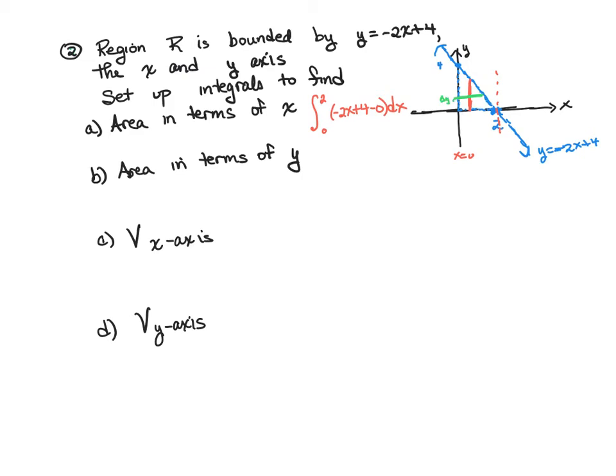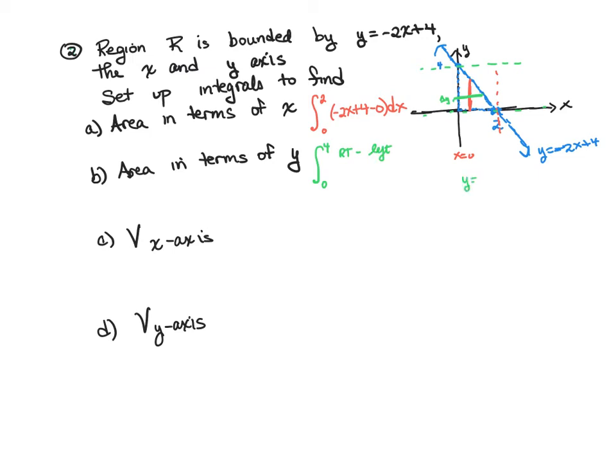So we have to do everything in terms of y, and that integral would be from y equals 0, which is the equation of the x-axis, to y equals 4, which is the equation of this horizontal line. And it is right minus left. But remember, we have to solve for x. So let's do a little bit of math here.